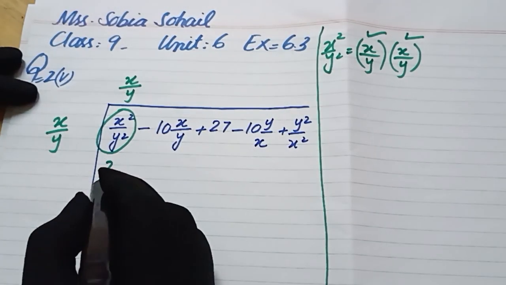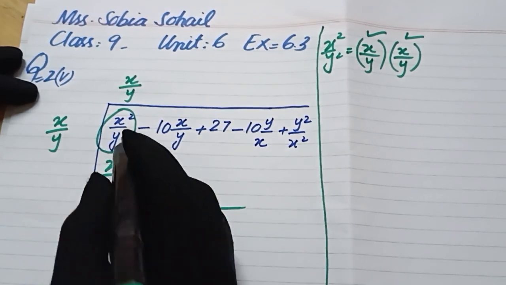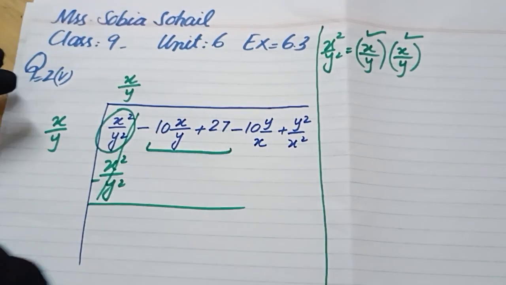When we subtract, the factors cancel. Bring the next pair down.